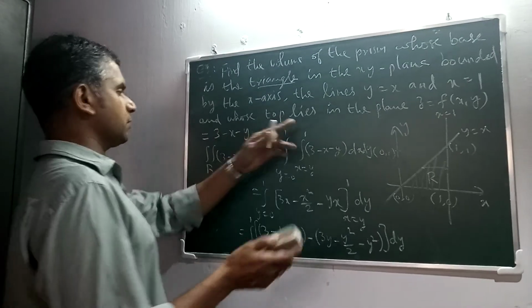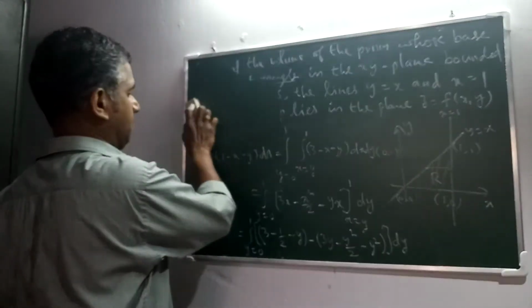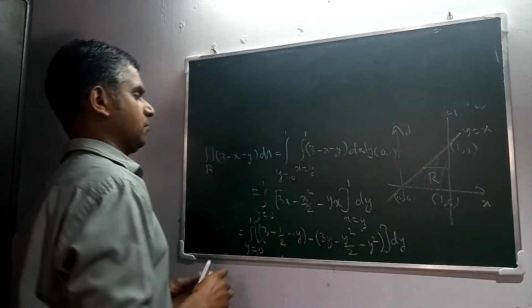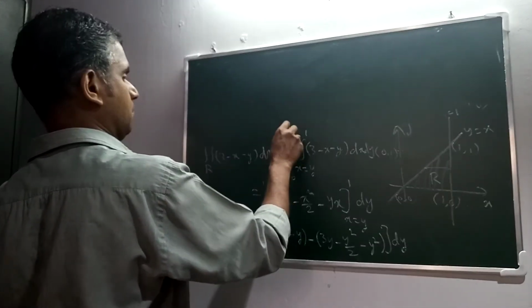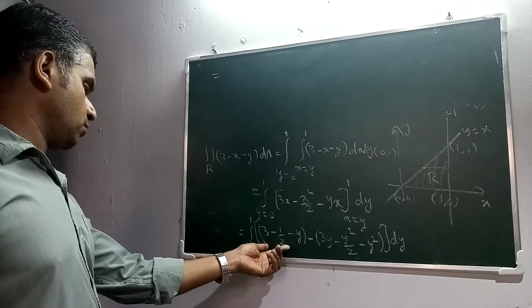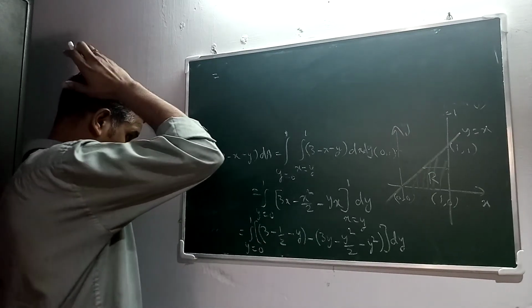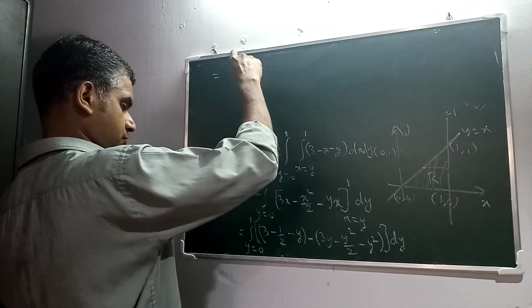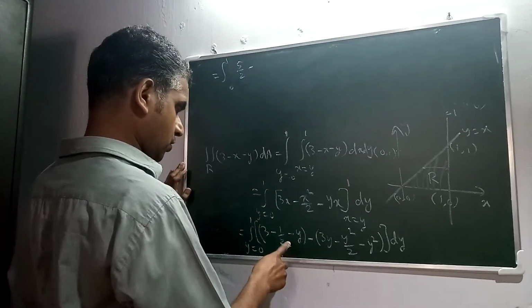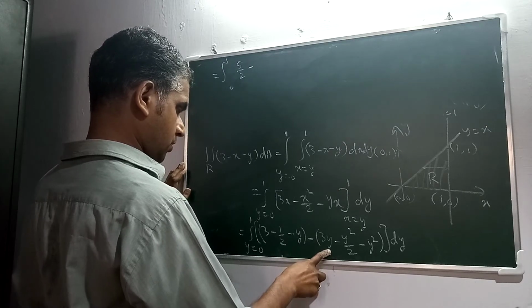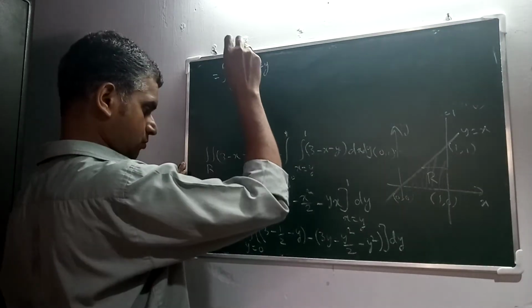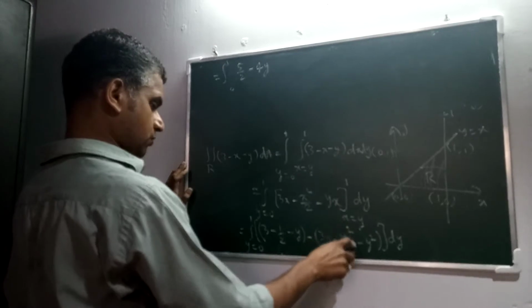So what will I get? So this is equal to 3 minus 1 by 2 is, sorry, 5 by 2, integral 0 to 1, 5 by 2 minus y, no, minus y minus 3y, minus 4y plus y square by 2 plus y square.